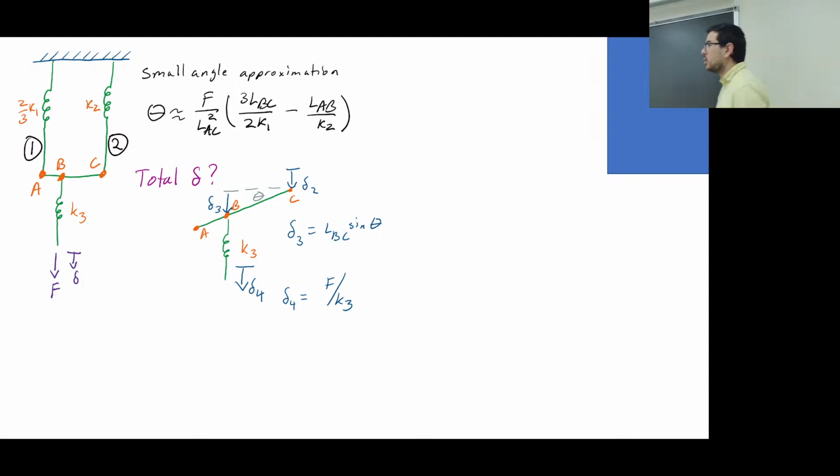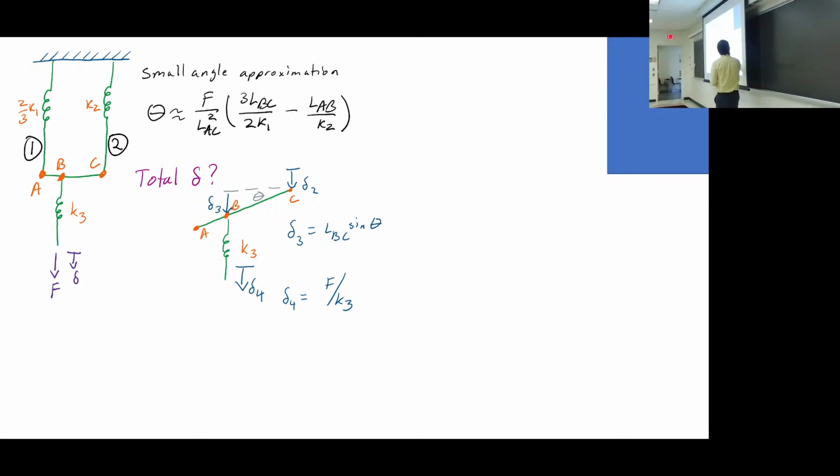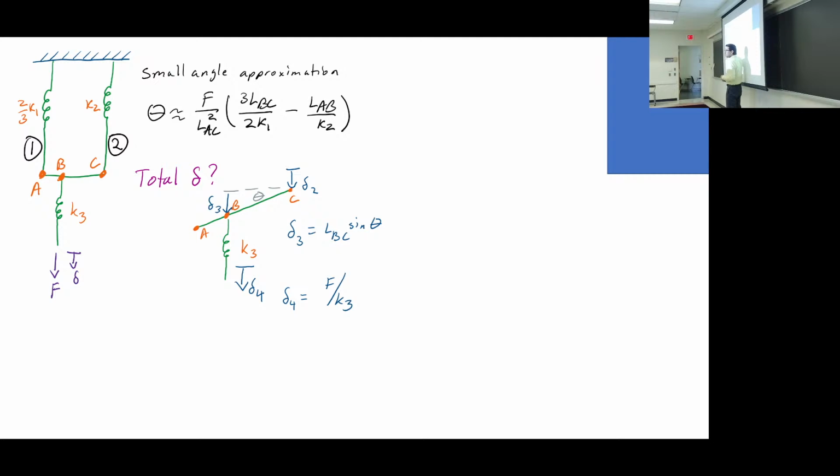Can you explain how you got the total delta? Why you added them? Okay, so we're interested just in the vertical displacement. Look, C goes down this amount, delta 2. Then B goes down this amount, delta 3.